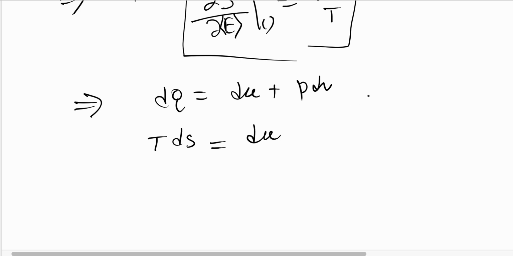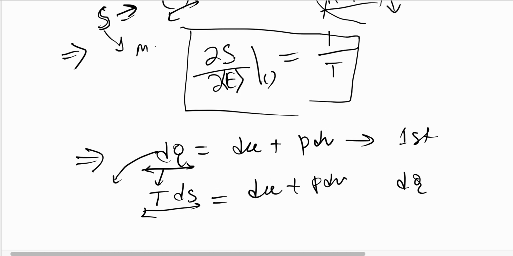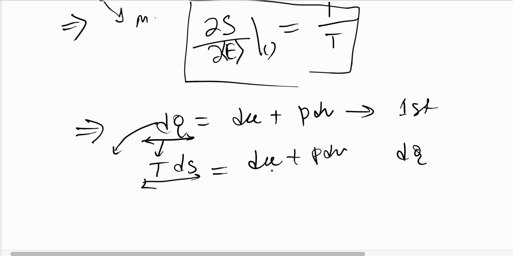So TdS equals dU plus PdV. Since I have written E, it should be d of average energy, and you know that this average energy is called U, the internal energy of the gas.